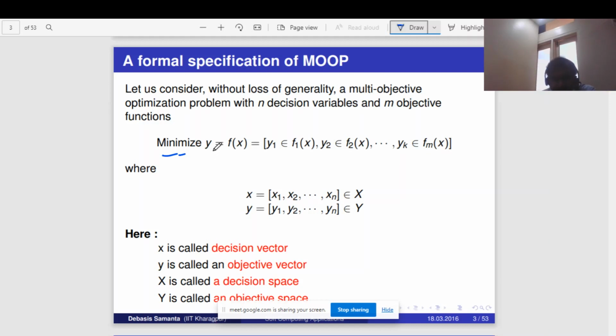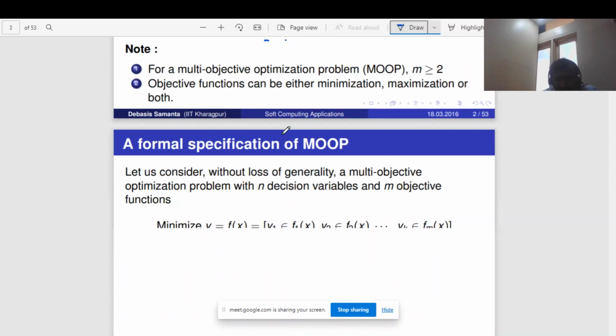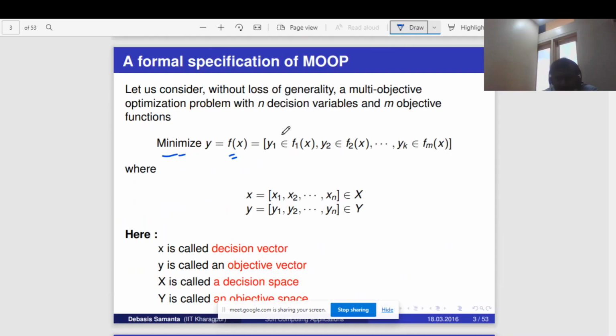I'll come to the reason for that, but let us first see this. y is equal to f of x such that y1 belongs to f1 of x, y2 belongs to f2 of x, up to yk belongs to fm of x. Whatever we have discussed here is represented in a crisp way.